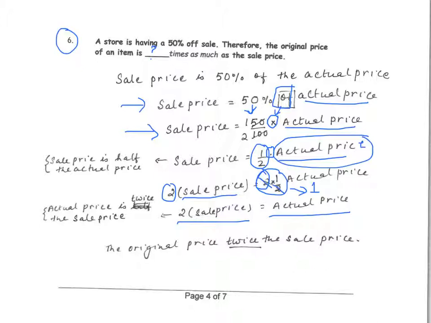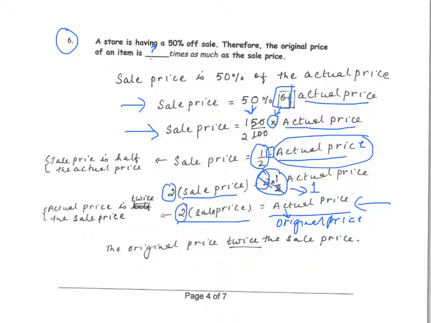So the way we read this sentence is that the actual price, or the original price, is the same as the original price. So actual is the same as original. So original price is 2 times the sale price.